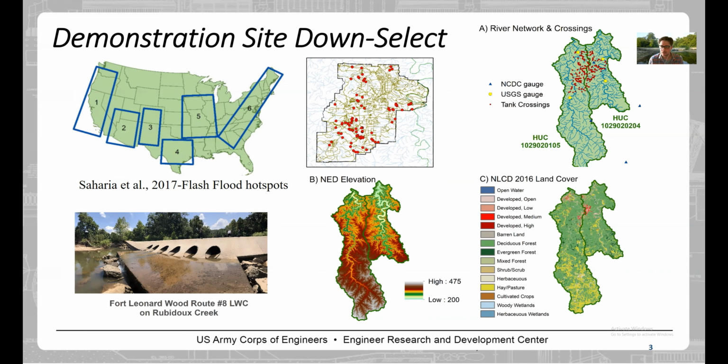We also needed installations that had high quality data and a lot of gauge data, so precipitation gauges and stream gauges, for example. Those installations that fell within watersheds that have long-term gauge data from the USGS, for example, were prime targets.